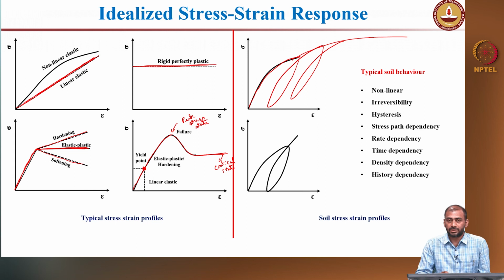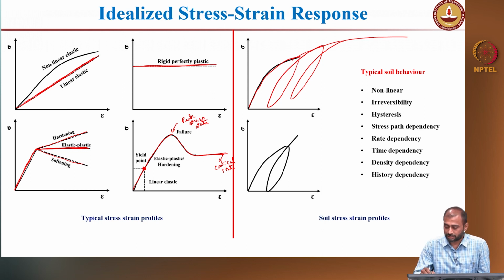The strength will be different, and the volume change response also will be different when you are performing a test under triaxial extension conditions. You can also do tests at different stress paths. You can perform a simple shear test or different shear tests. We will see in the next slides how to do different stress path tests, but under different stress paths the material response is completely different, right?